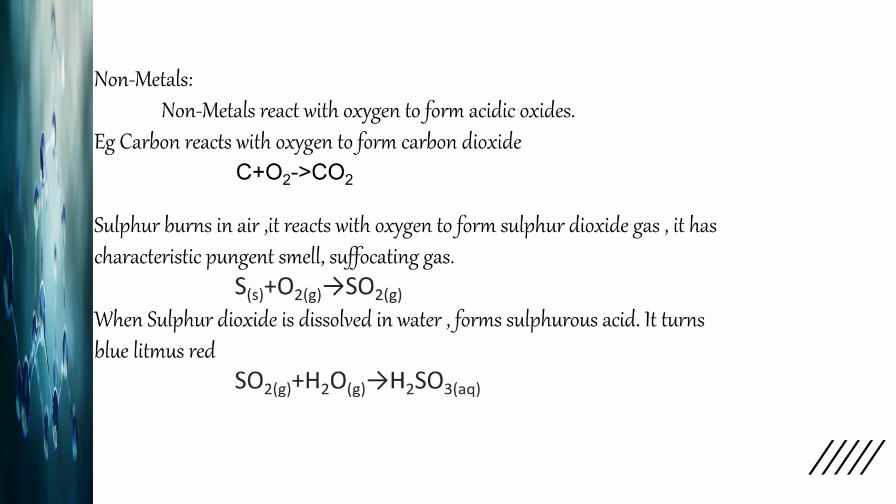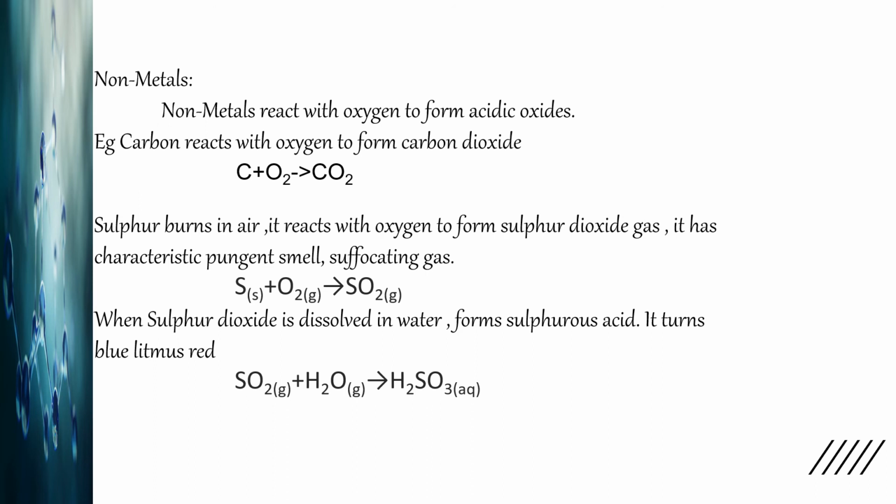You must have heard about acid rain. So what happens in acid rain? The sulfur dioxide, the carbon dioxide or the nitrogen dioxide, which are emitted due to some industrial manufacturing processes, combine with the air.